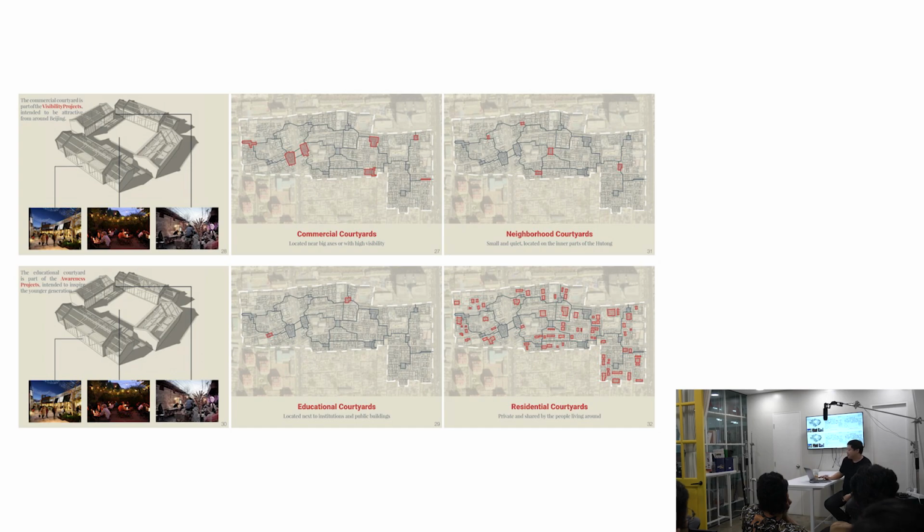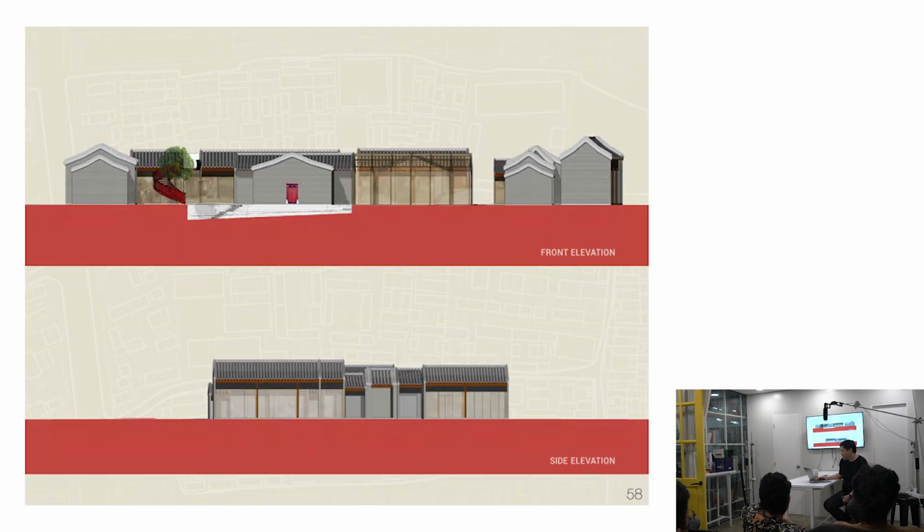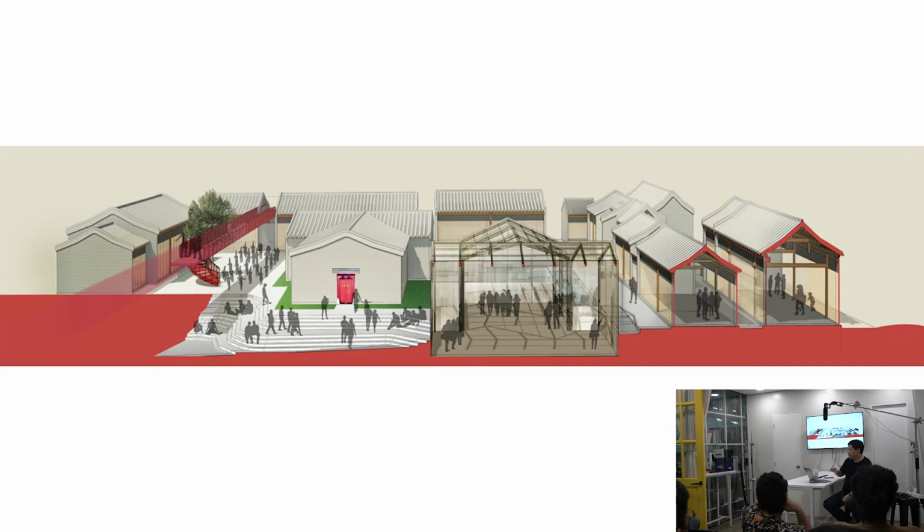But the main idea is that you have commercial courtyards along the major axis. You have more private courtyards along the residential areas. You have institutional courtyards along, for example, a temple or along the public spaces. So now you create different variations of it. They're not all just the same courtyard, but you create a diversity of function in these courtyards.